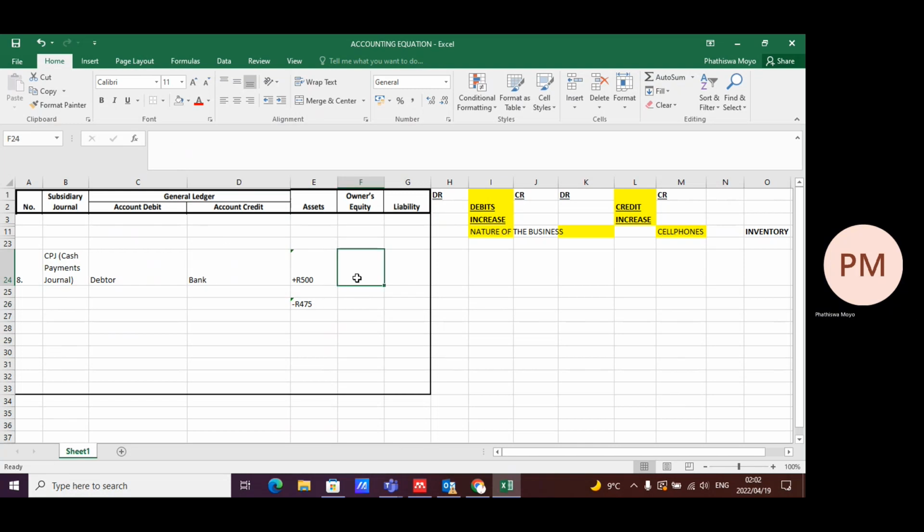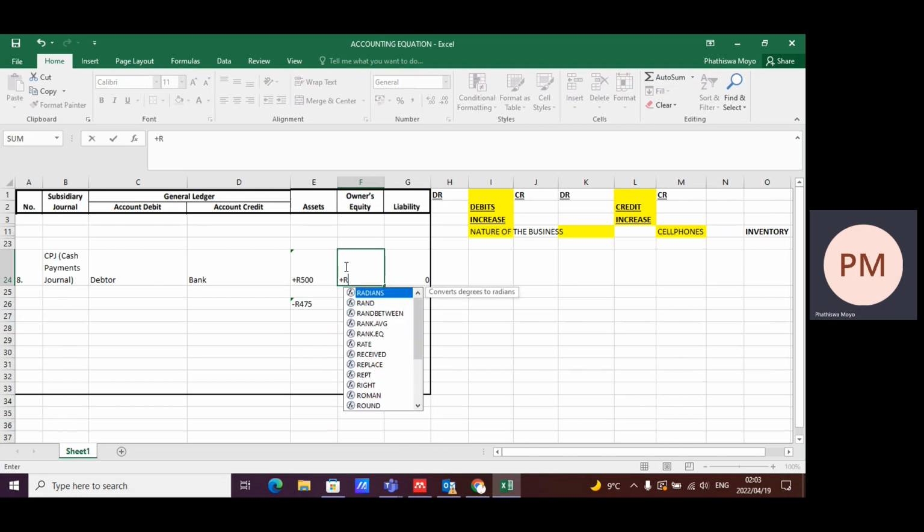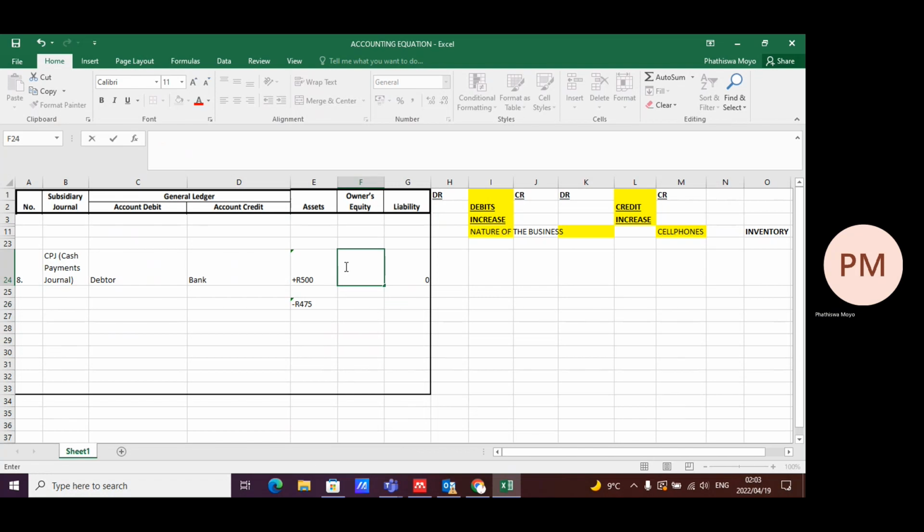Then they're saying this discount must be reversed. So we would have had discount allowed as an expense of 25 rand. So now we need to treat it as discount received because we're doing a reversal.